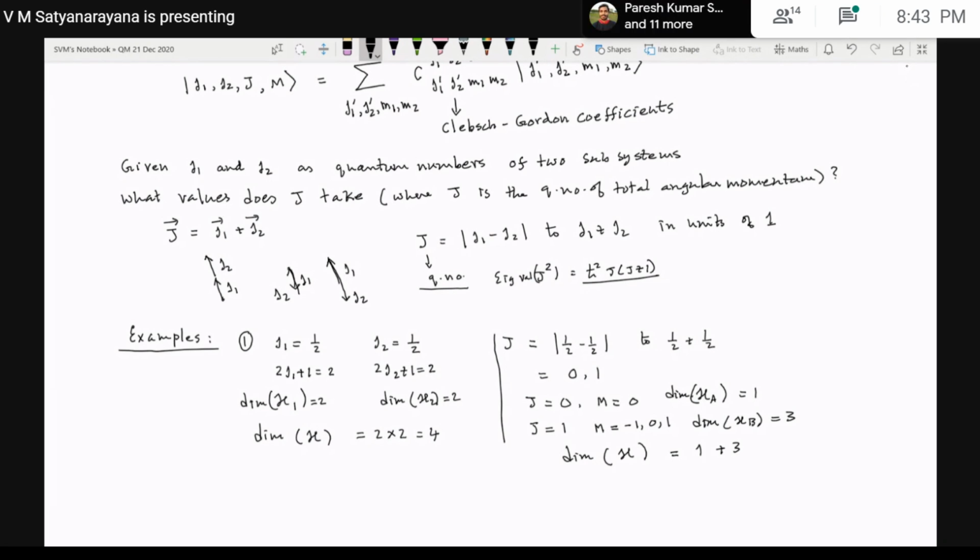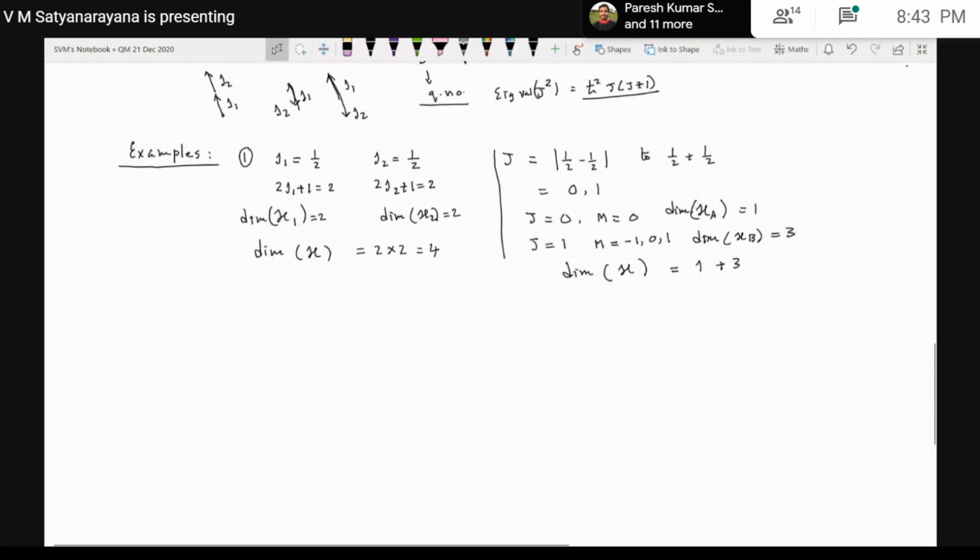So if you see the structure of this composite Hilbert space, H can be written as the direct product of H1 and H2. This is 2-dimensional, this is 2-dimensional, so this is 2 into 2.